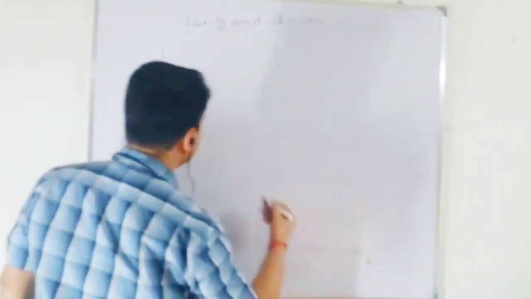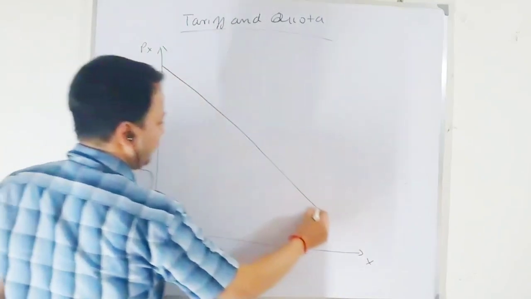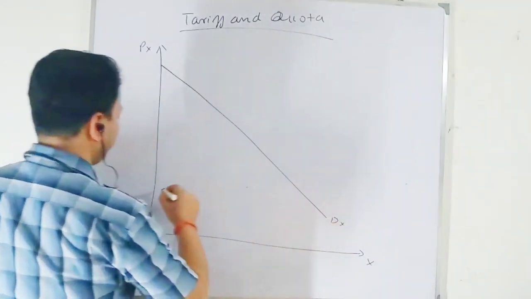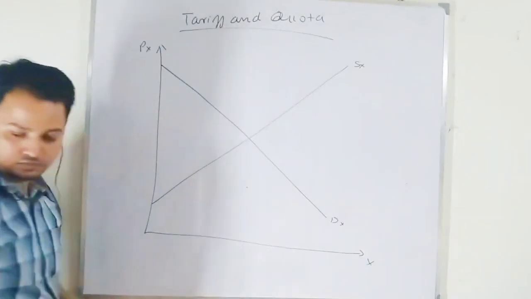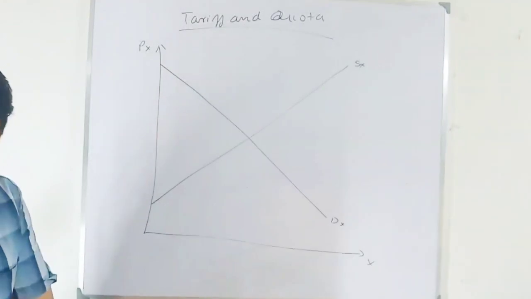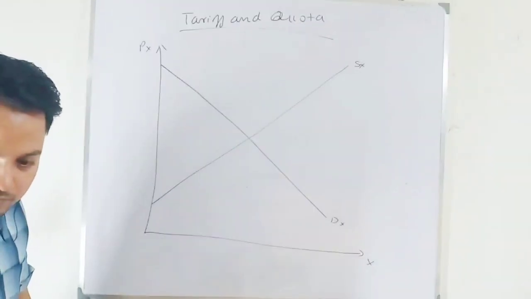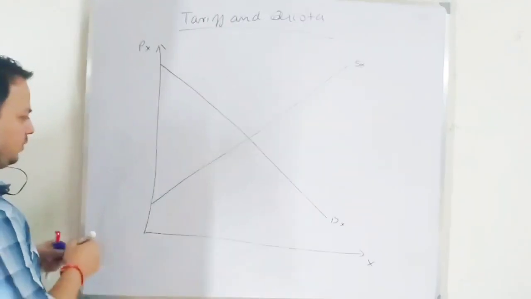You have commodity X, and this is a passing equilibrium setting, price of X. This is demand for this commodity. This is supply of this commodity. And we have one price.